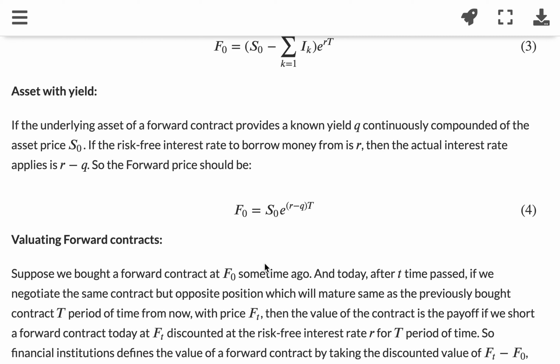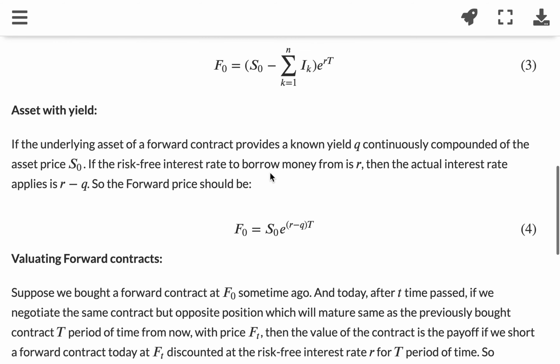So if the underlying asset of a forward contract provides a known yield Q, which is continuously compounded, of the asset price at 0, which is the current spot market price, and the risk-free interest rate to borrow money is R, then the actual interest rate that applies will be R minus Q. So the forward price should be S0 times e to the R minus Q times T. That's very similar to the previous ones.